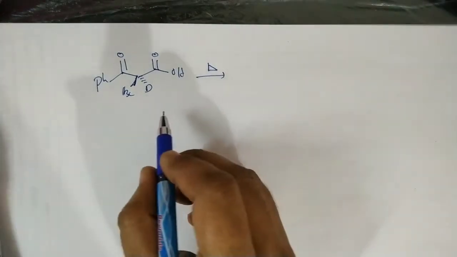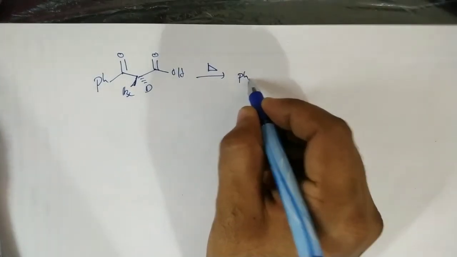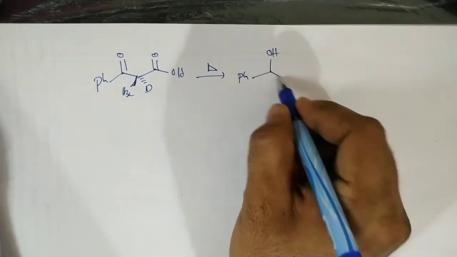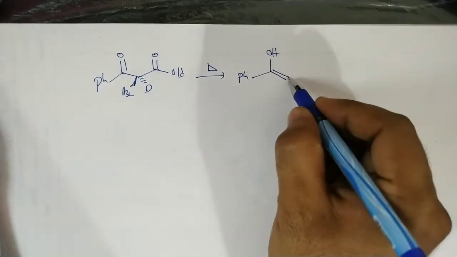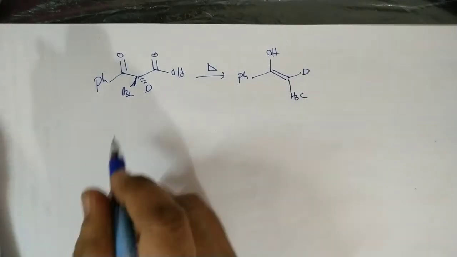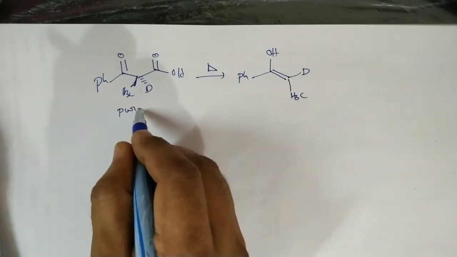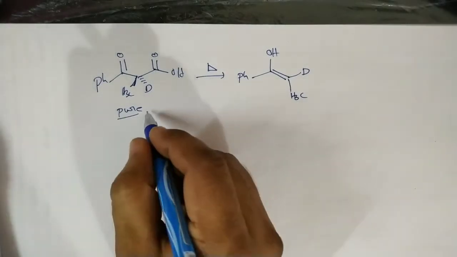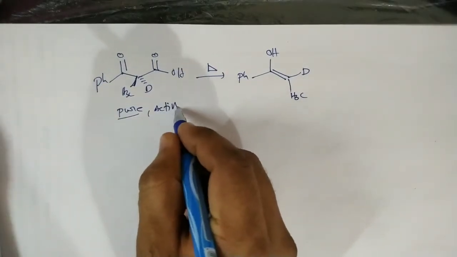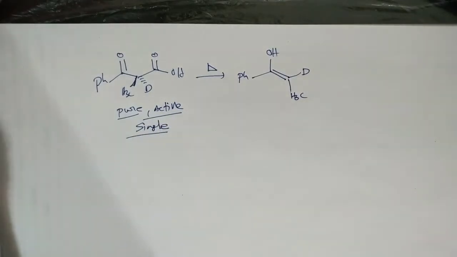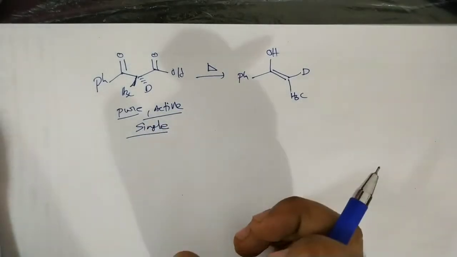So here the reaction intermediate product is enol actually. That means here deuterium and here CH3. So this is an enantiomerically pure compound. That means this is an optically active compound. It is actually a single compound, a single stereoisomer. That means enantiomerically pure compound.